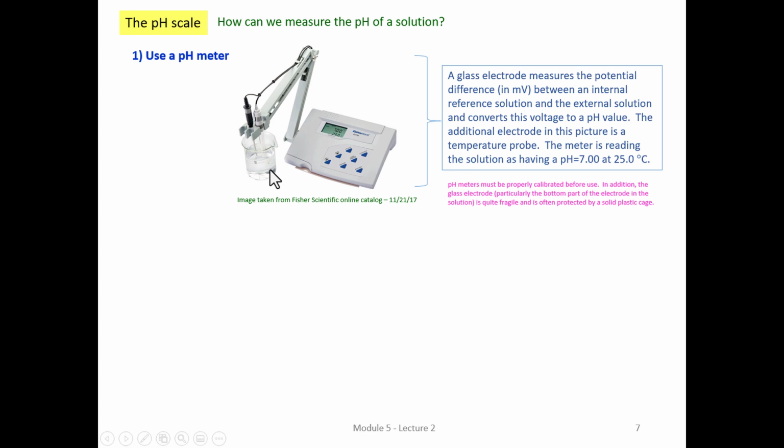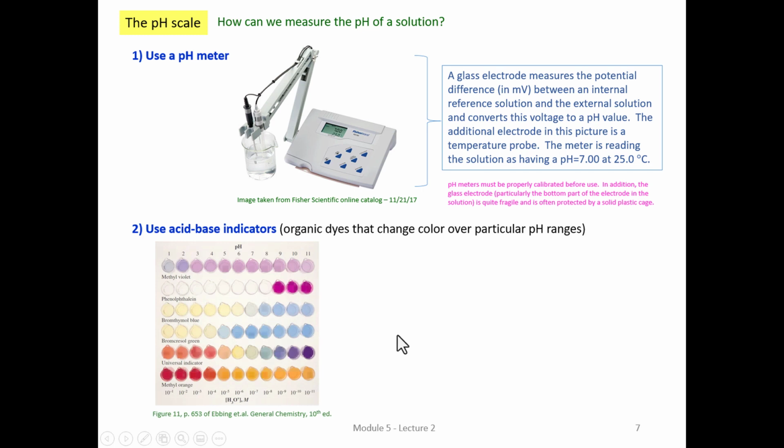The other way that you could measure pH is in a less precise way, but you can use organic dyes that change color over particular pH ranges. So here's an interesting picture from another general chemistry textbook that we are not using in this course by Daryl Ebbing and others.